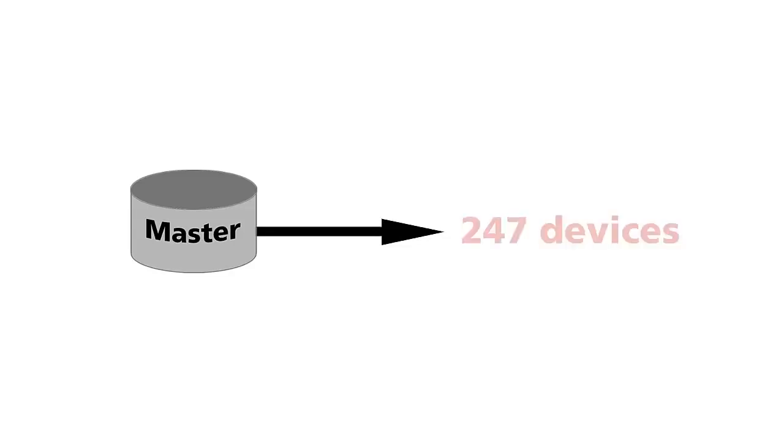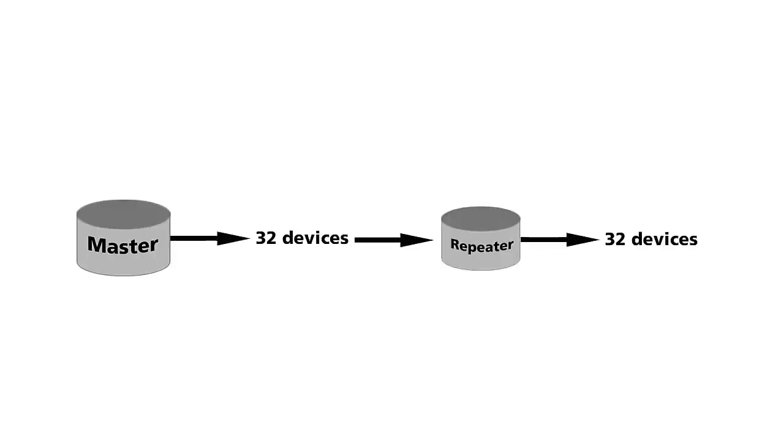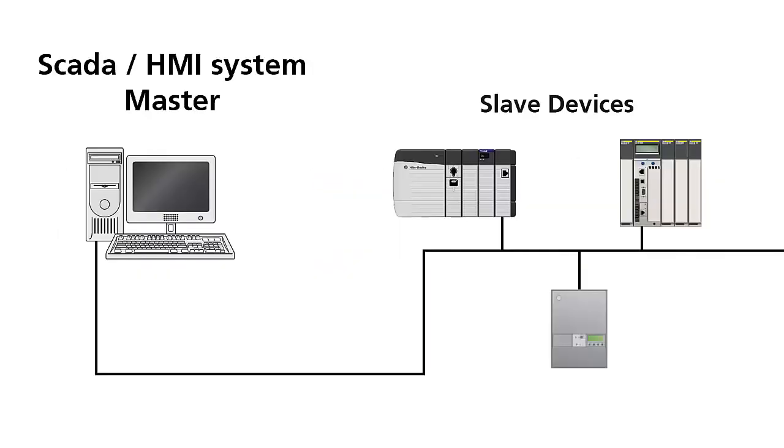RS485 cannot drive more than 32 nodes in a single segment. So, for the rare application that needs more than 32 nodes, a repeater is required. The master can write data to the slaves as well as read data from them. SCADA and HMI systems typically would be the master communicating with a series of Modbus slave devices.